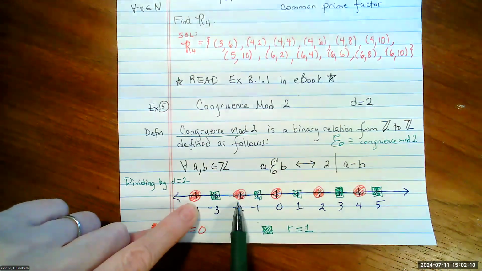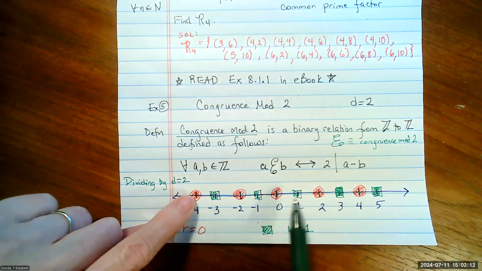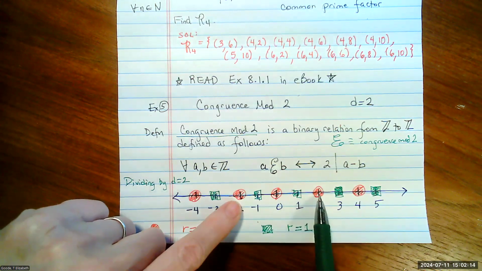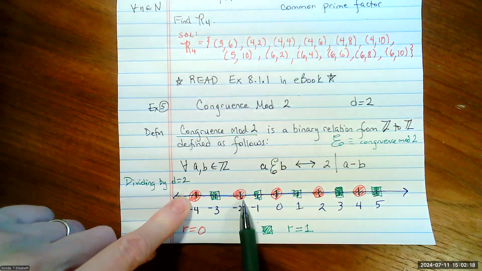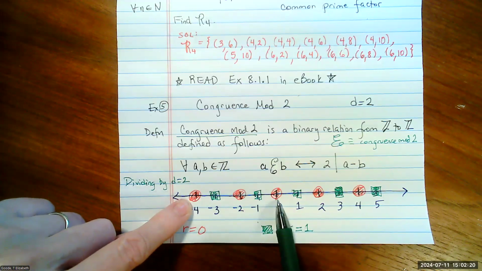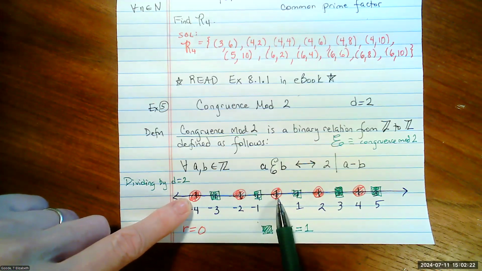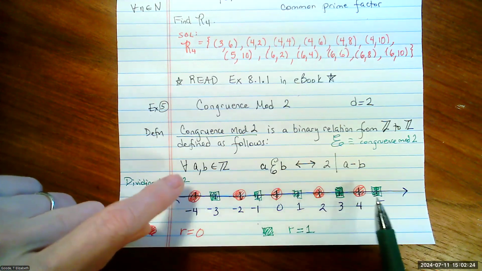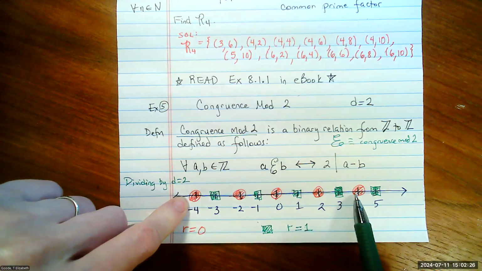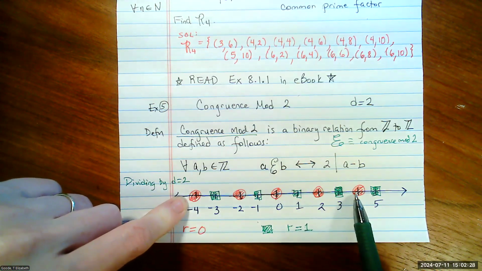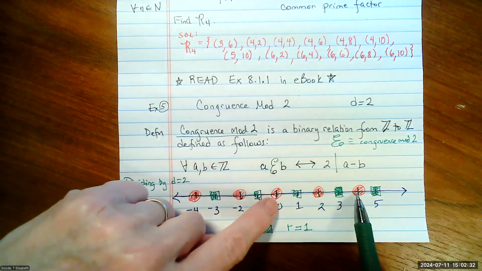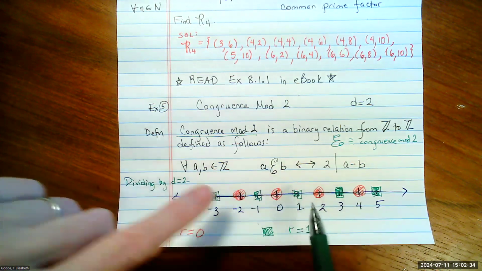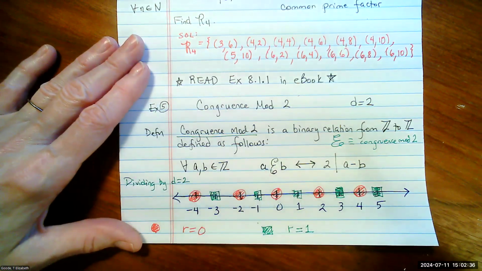The evens are always a multiple of 2 apart from each other, right? -4 and -2 are 2 apart. That's a multiple of 2. -4 and 0 are 4 apart. That's divisible by 2. 4 and -4 are 8 apart. That's a multiple of 2. 2 divides that. So all the evens are related to one another by this congruence mod 2 relation.